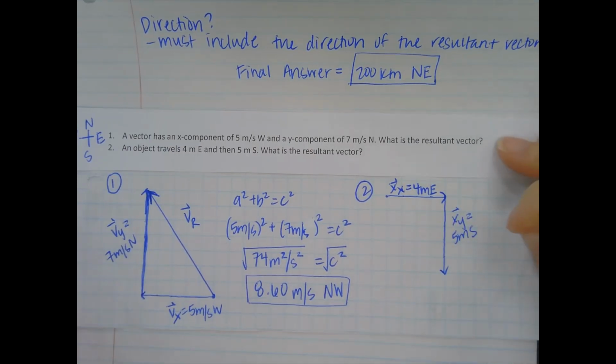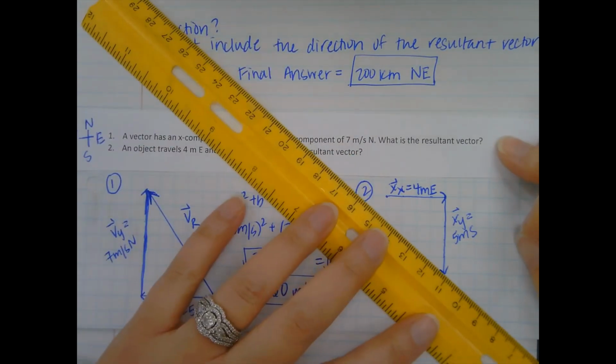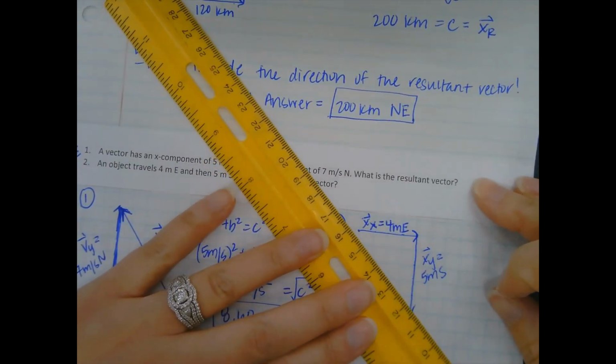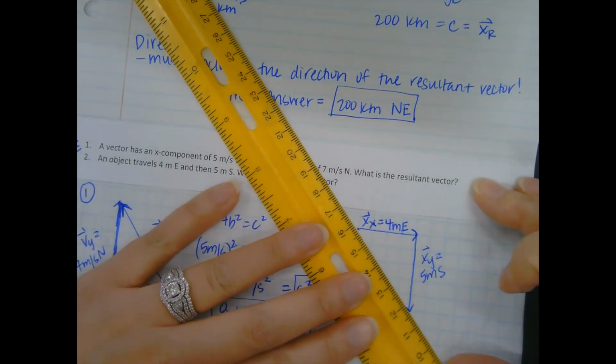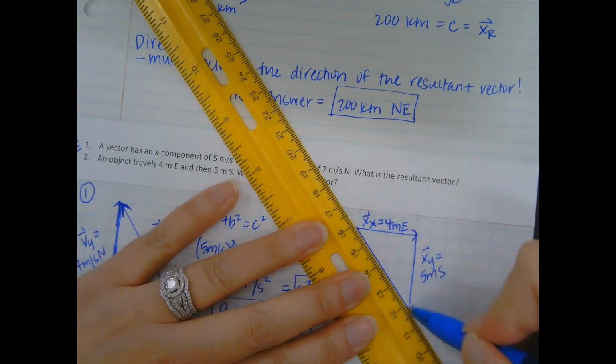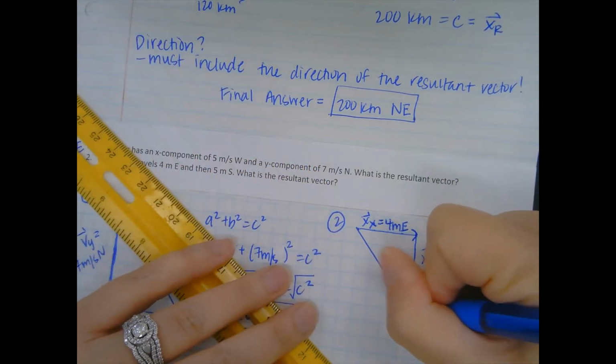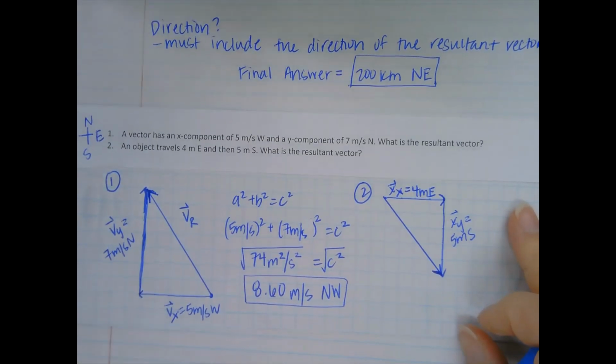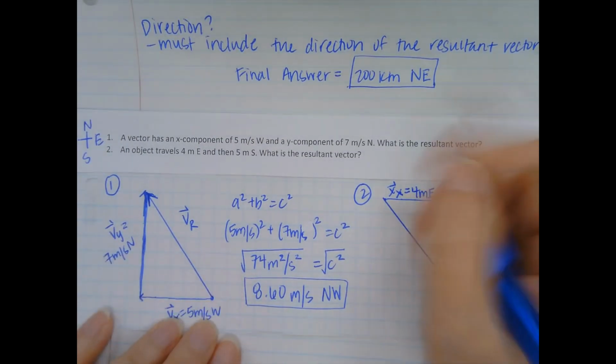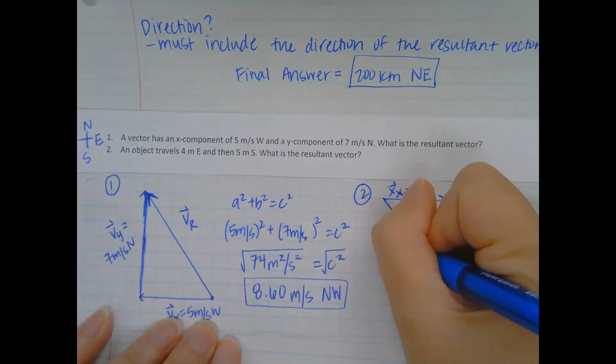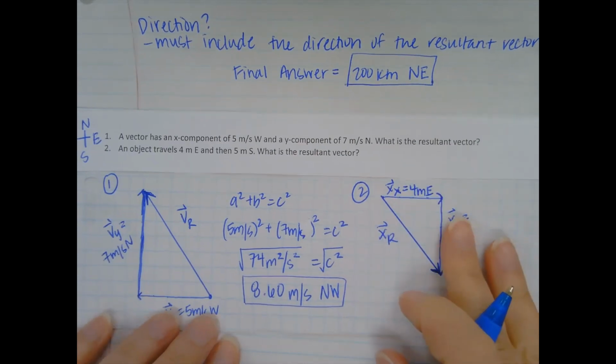All right, and now I'm going to draw in my resultant vector here, same way that I did before. Okay, so this is going to be my resultant vector for my displacement.